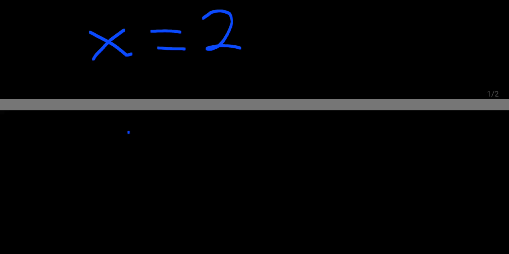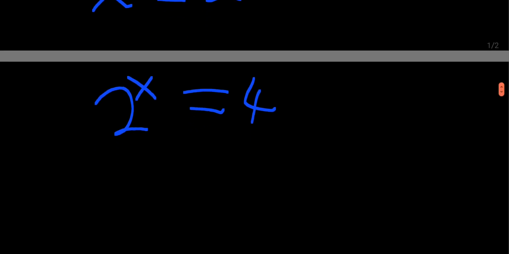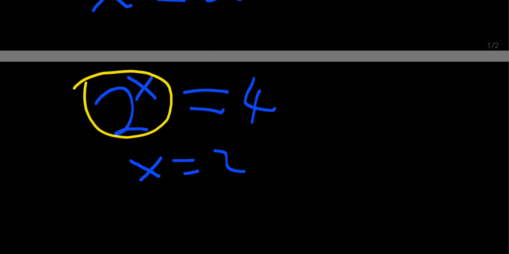So this is the problem: 2 exponent x is equal to 4. And we say that the value for x is what? 2. So let's substitute the value of x equal to 2 in this to see if we are going to get 4.